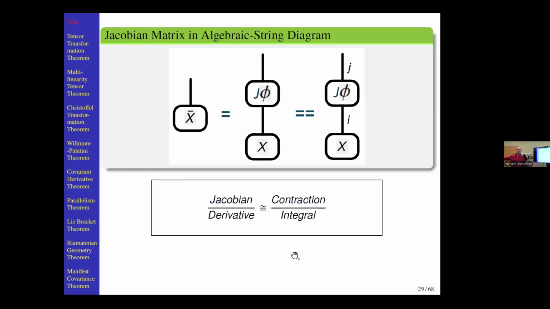And this is the algebraic string diagram equivalent of what I just said. That was the point: if you have a tangent vector in domain U and apply a smooth function phi to, let's say, U bar, then the contraction is shown by this line here. And I put an I there only for convenience.